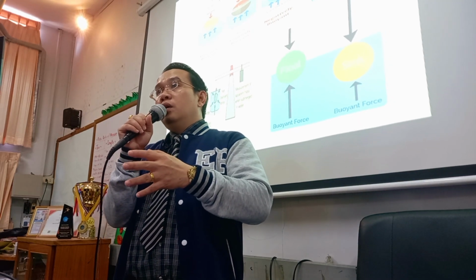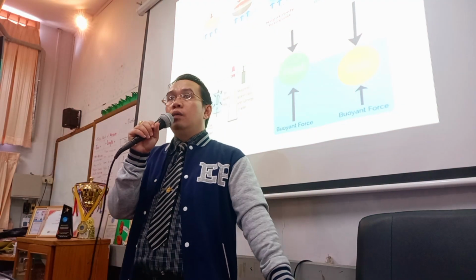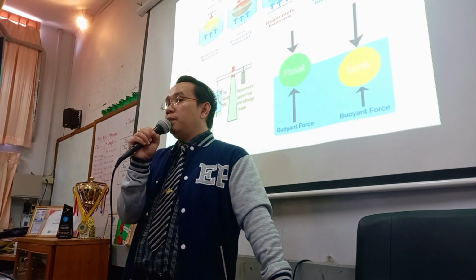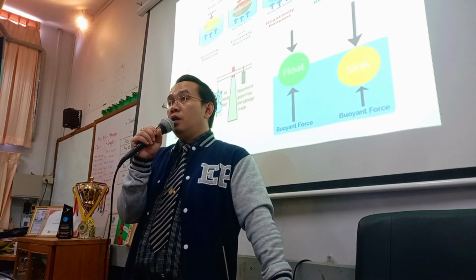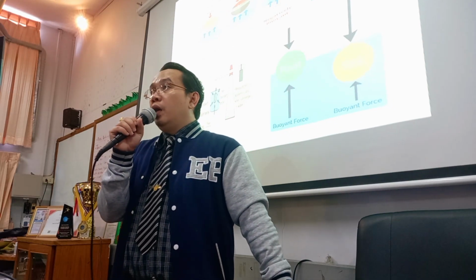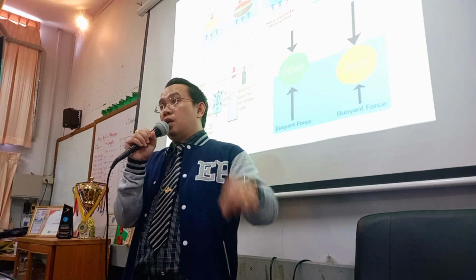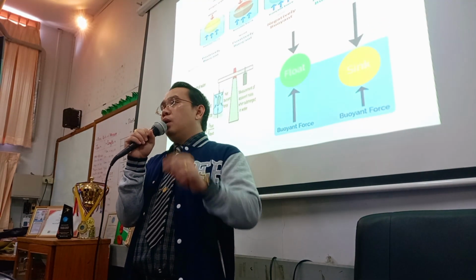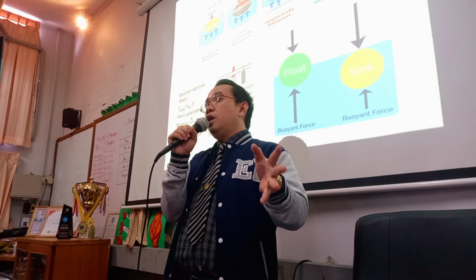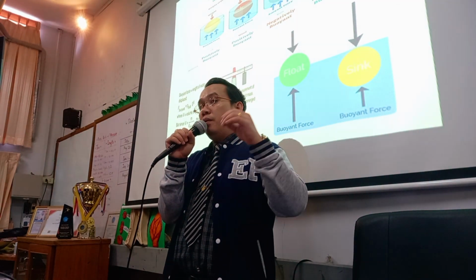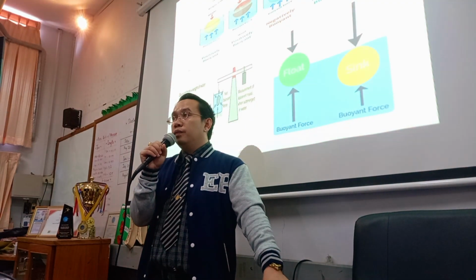As I've explained before, you may wonder, why is a ship or a boat able to float? Then there were instances that some objects sink. So what do you think will be the reason behind that? Of course, the weight of an object, the mass of an object, right?